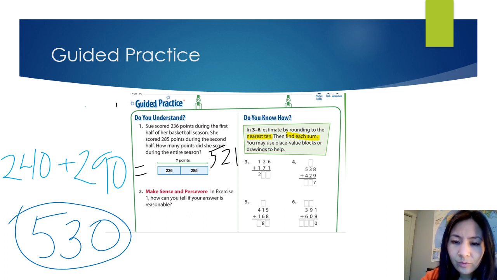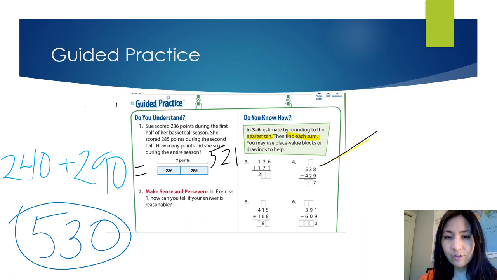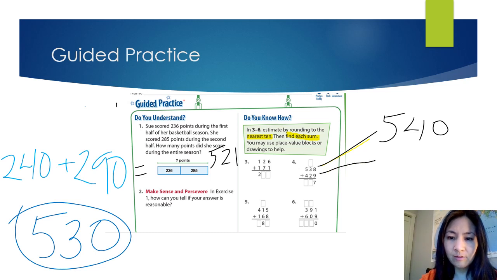Nearest 10. So I'm going to take 538. Try to use black. 538 rounded to the nearest 10 is 540, right? And then 429 rounded to the nearest 10 is 430.